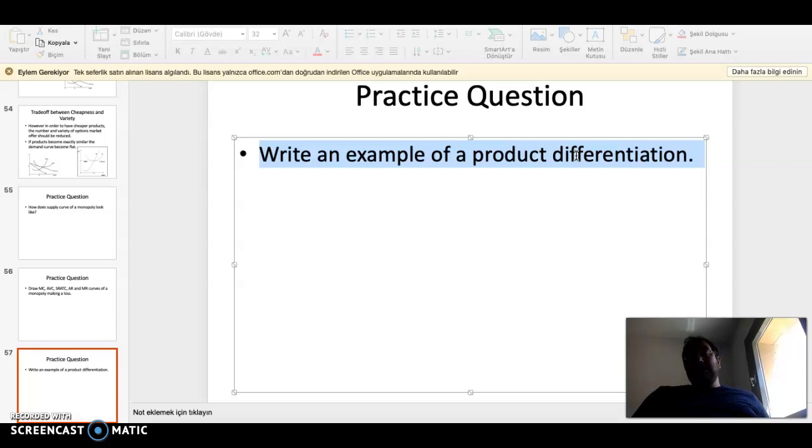Another example is Coca-Cola's advertisement, where they say drinking Coca-Cola is a much different experience than drinking another drink, because of the unique taste that you cannot find in other types of drinks.